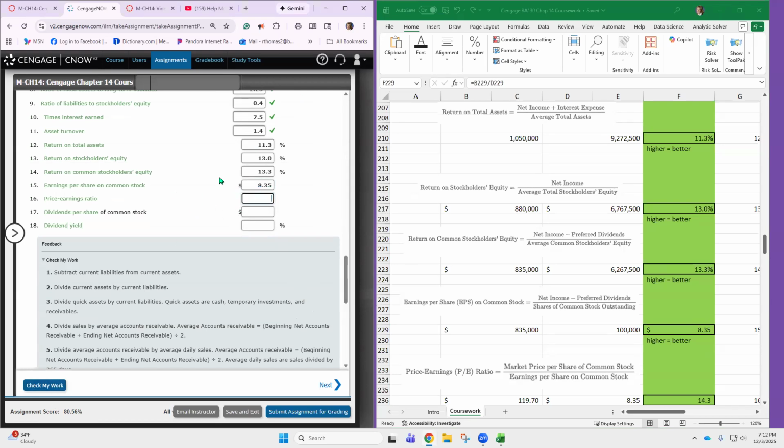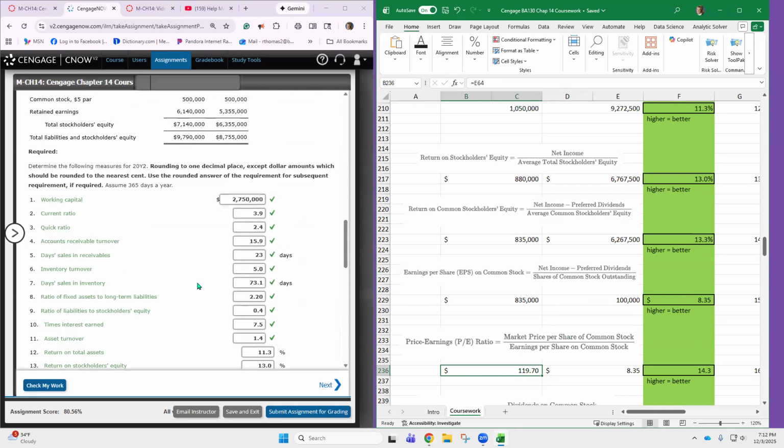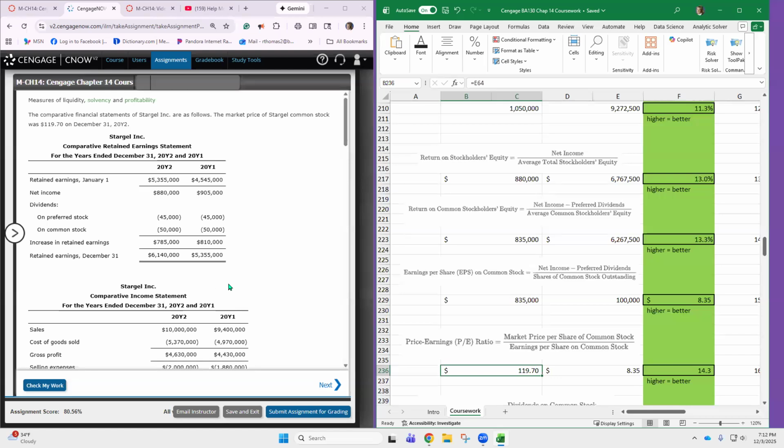The next one, we're going to use that earnings per share that we just found. Remember, it's $8.35, and it is in the denominator. Then we have to put in the market price of our share of stock. If we go out to the market, there it is, way up here, the market price of your common stock. Mine is $119.70, maybe yours is too.